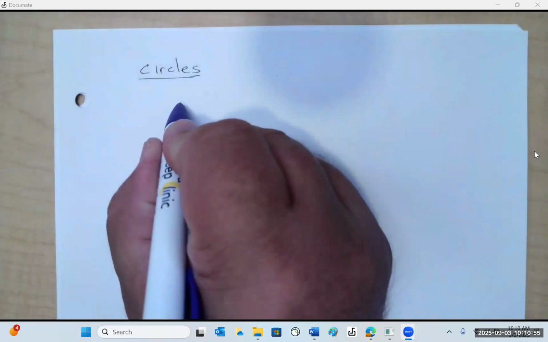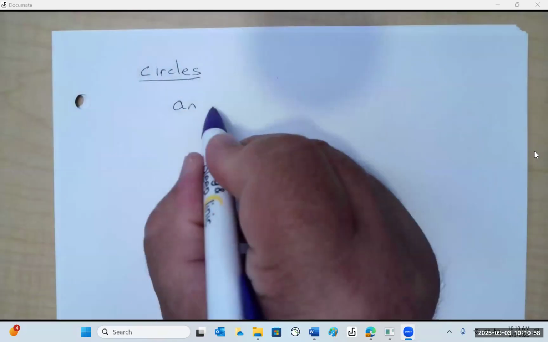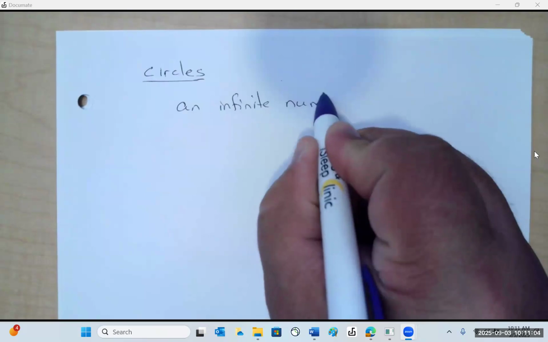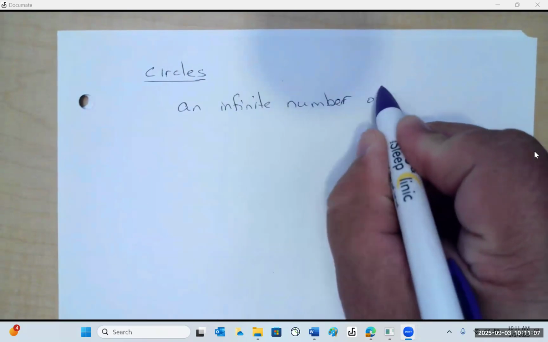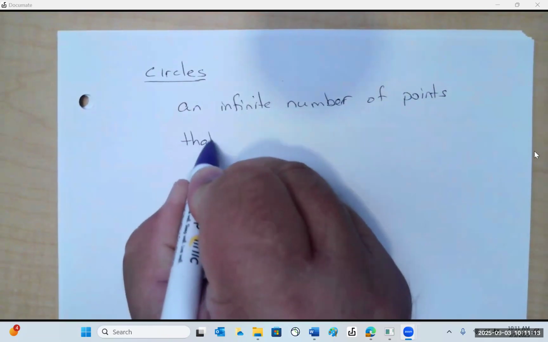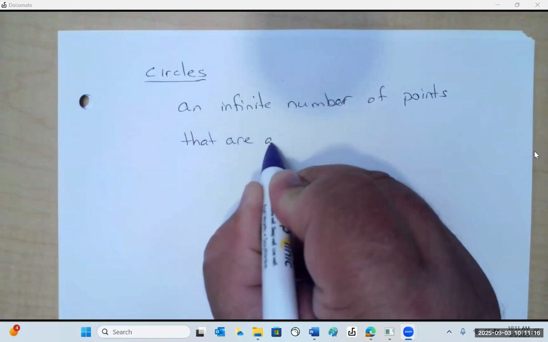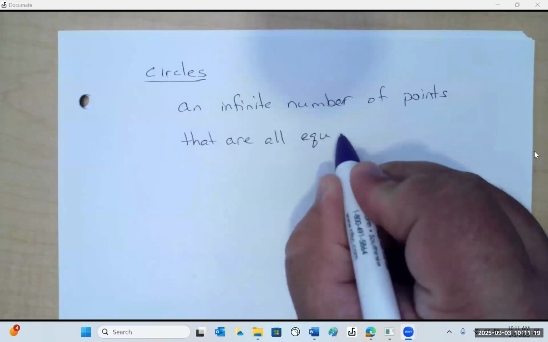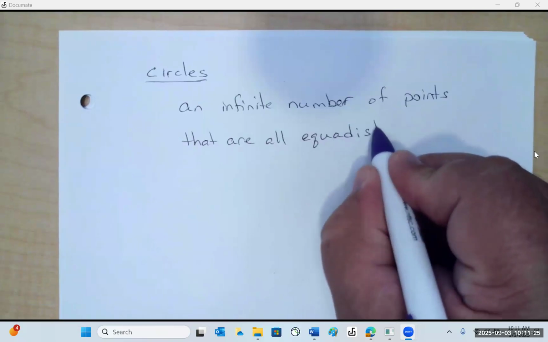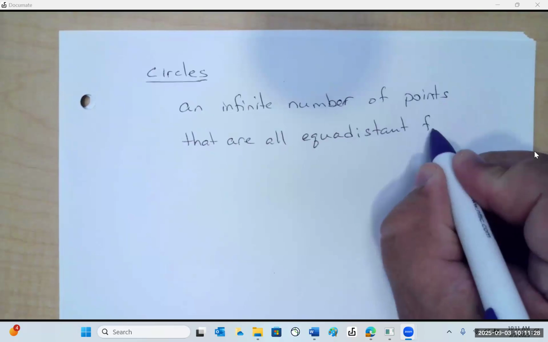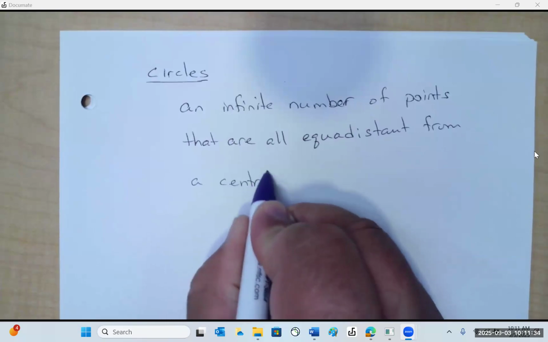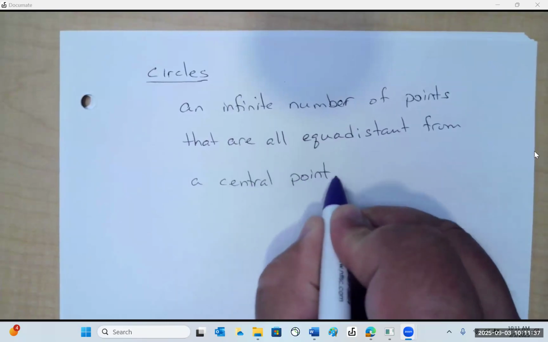A circle is an infinite number of points that are all equidistant from a central point.